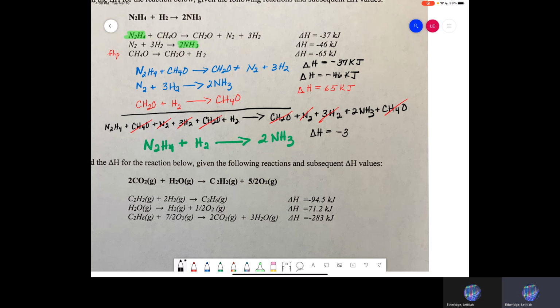So I have minus 35 kilojoules plus a minus 46 kilojoules plus 65 kilojoules. That leaves me with an answer of minus 18 kilojoules. And that is the answer to number 4. Hopefully that was helpful.